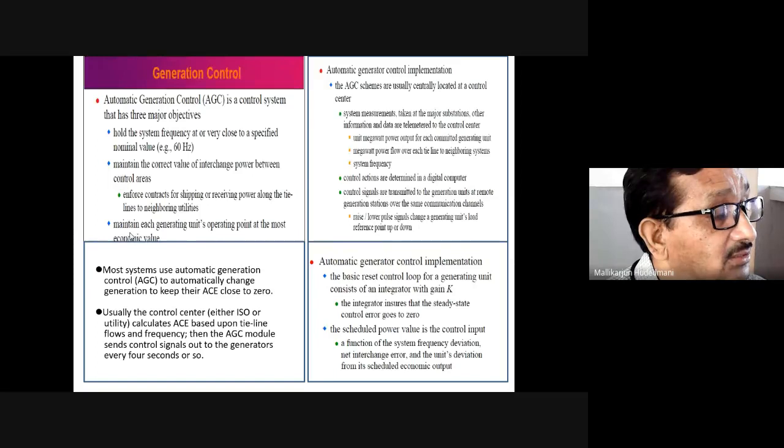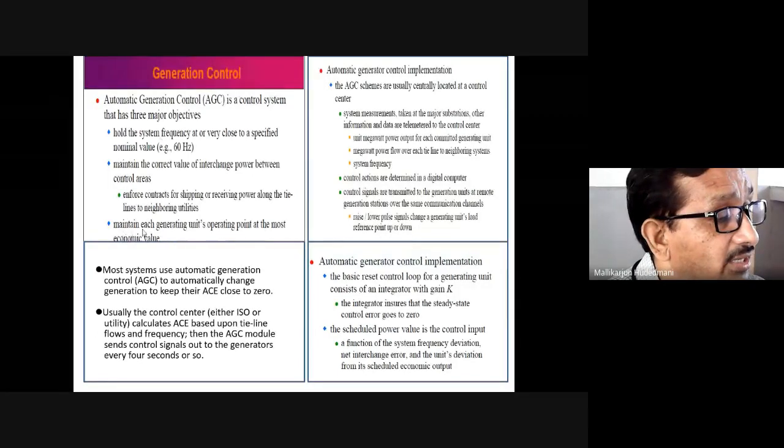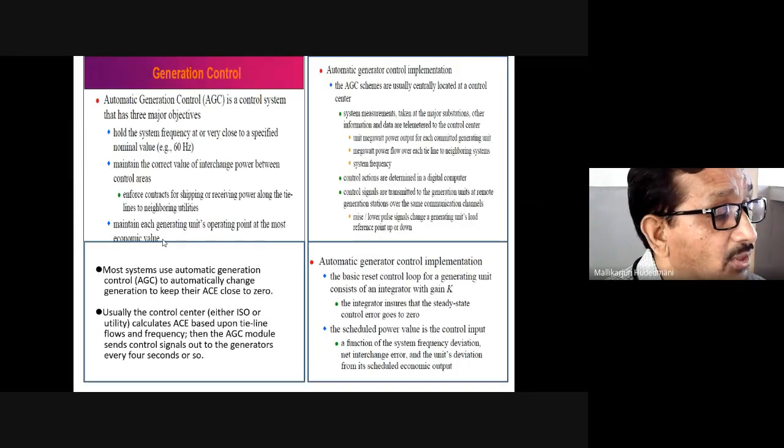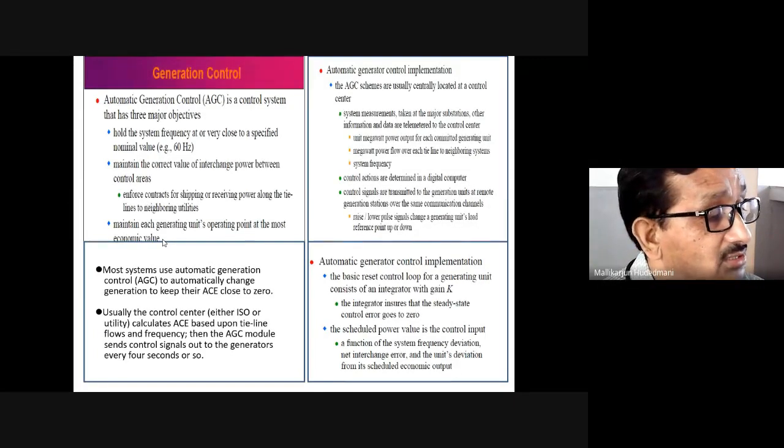Then the third important objective: maintain each generating unit's operating point at the most economic value. This is known as economic scheduling of generators, because a power system is a generation mix.